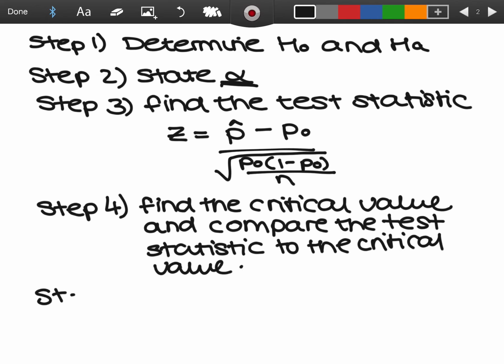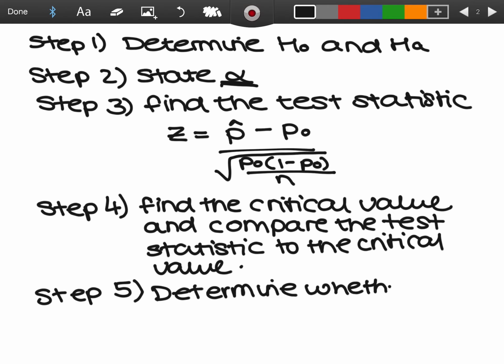Then step 5 is just to determine whether or not to reject that null hypothesis. It's exactly the same as last time, it's just that your test statistic looks slightly different. That's the only difference here.